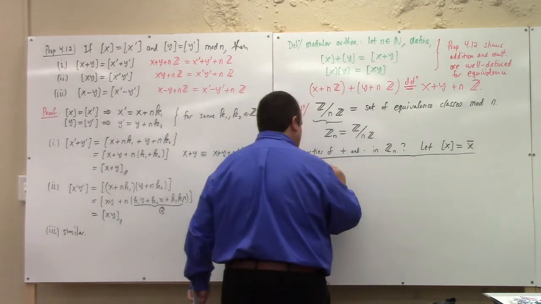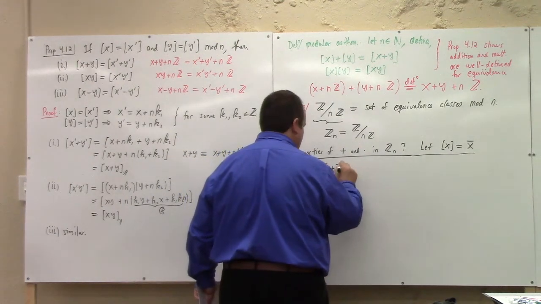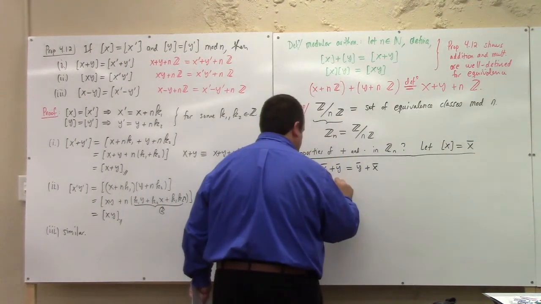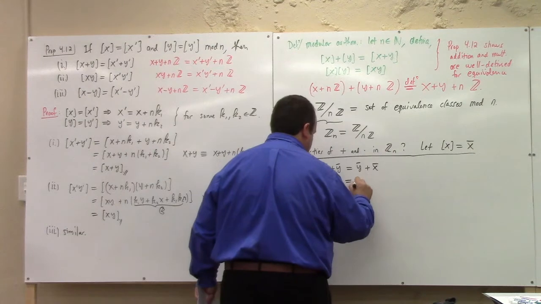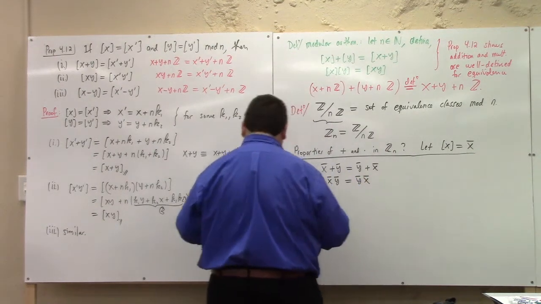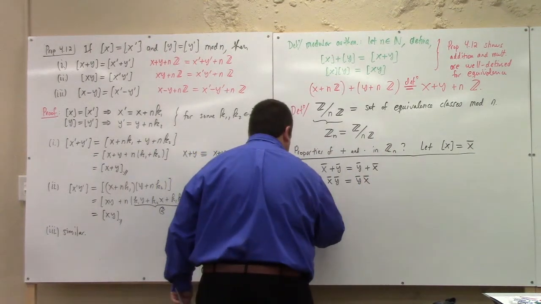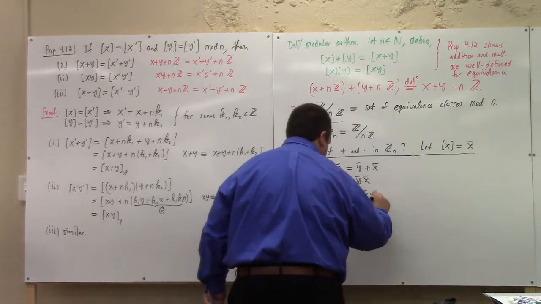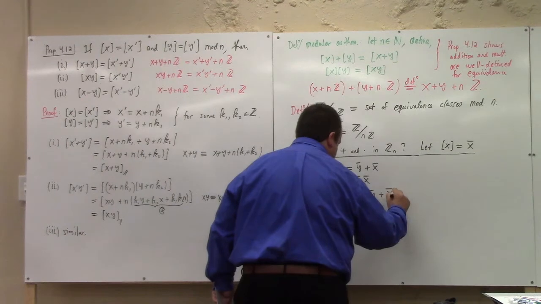But anyway, so x bar plus y bar is equal to y bar plus x bar. xy bar is y bar x bar. x bar times (y bar plus z bar) is x bar y bar plus x bar z bar.